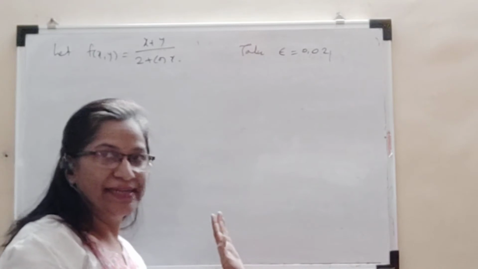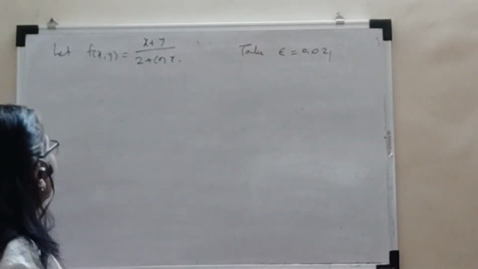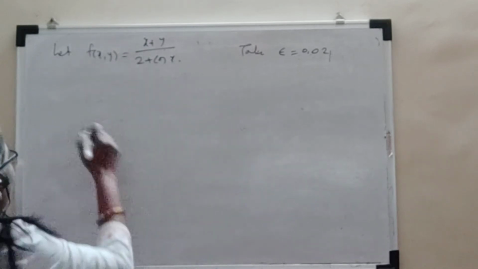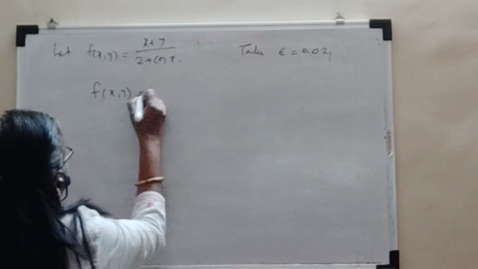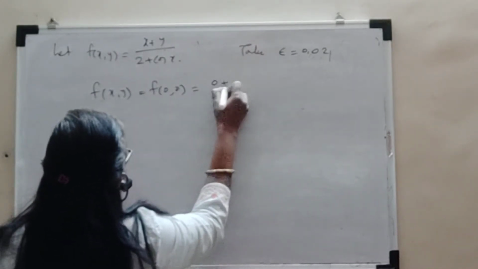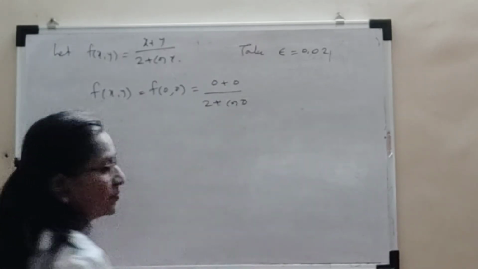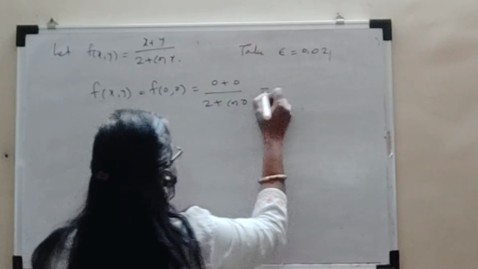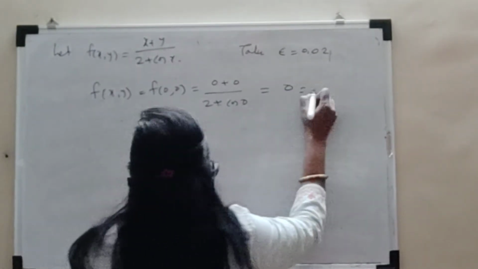We have to find delta taking L as again 0. Okay, why should L be 0? So f of xy, suppose it is equal to f of 0, 0. So I will get here 0 plus 0 divided by 2 plus cos of 0. So it is nothing but 0. Okay, so it is equal to L.